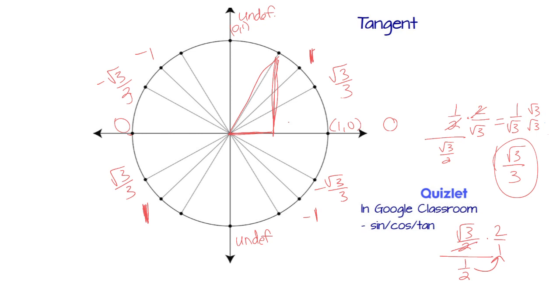This actually plays out a little nicer. The 2's cancel and we just get root 3, just root 3. All right, so that means all of these are root 3's because these are your tall triangles. Tangent is going to be positive in the first and the third. It's going to be negative in the second and fourth quadrant. And we've got it. Whew, we're done adding stuff.